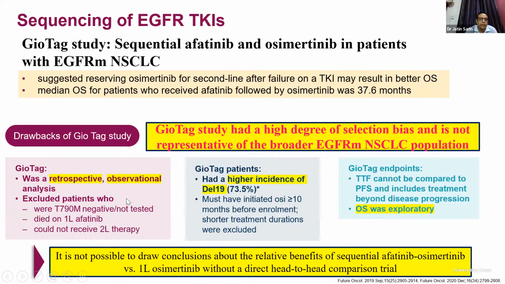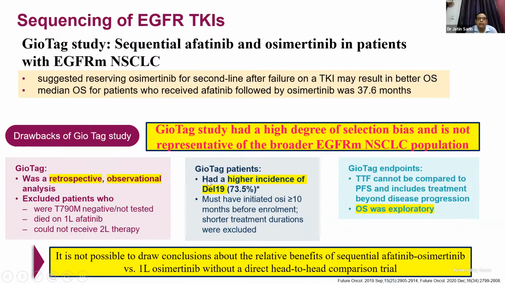It was a retrospective observational analysis, and there was a selection bias in the patients. It excluded patients who were T790M upfront negative or not tested, died on first line afatinib, and could not receive second line therapy. So all these bad prognostic patients were excluded. So there was a selection bias.